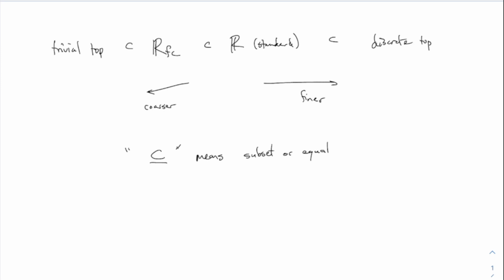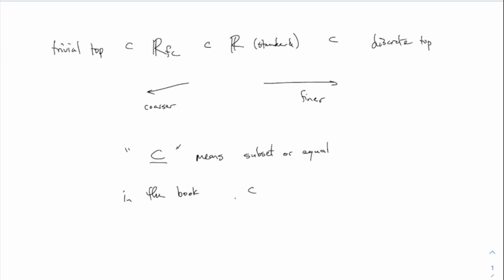Actually, in our book, they never use that symbol at all. This one, without the little line, means subset or equal. I don't really like this, but this is the way it's done in the book.